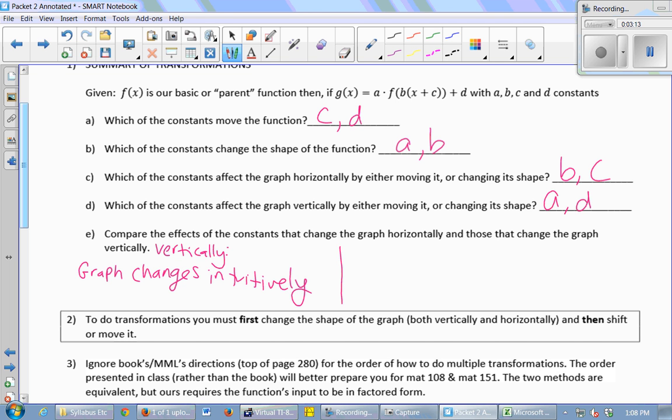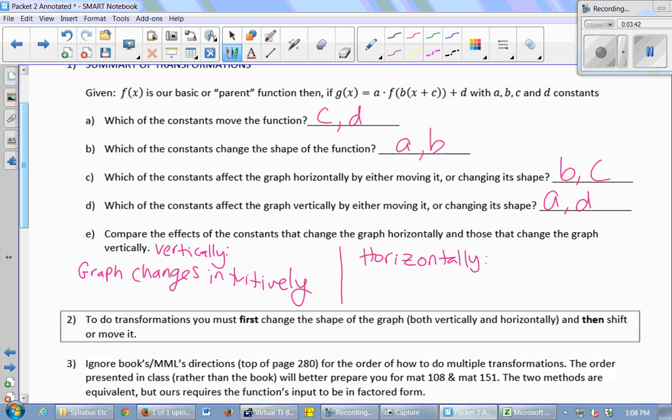But horizontally, what have you found about horizontal changes to the graph? They're liars, yeah. So when you make changes to B and C, they do the opposite of what you think they're going to do. It's counterintuitive, right? So C shifts it left and right, but it goes left when C is positive and right when C is negative, right? So it does the opposite of what you think.